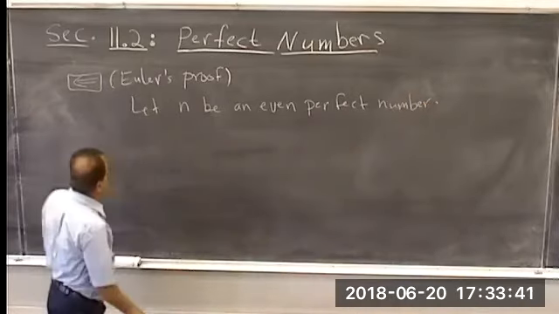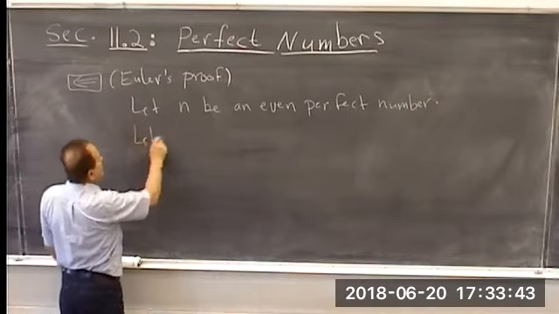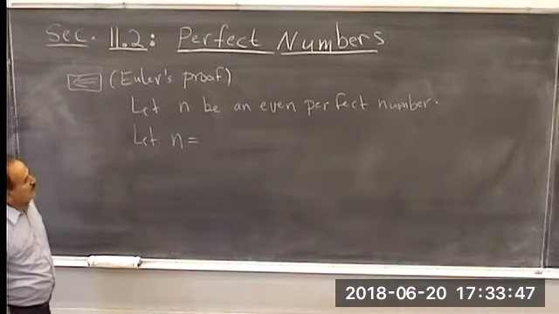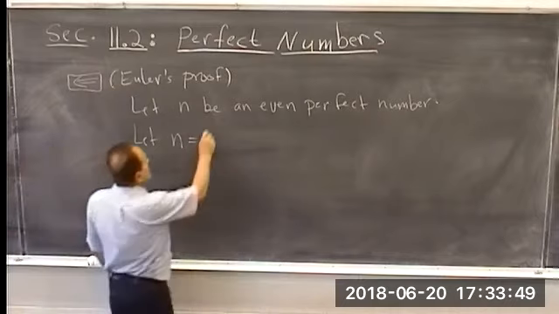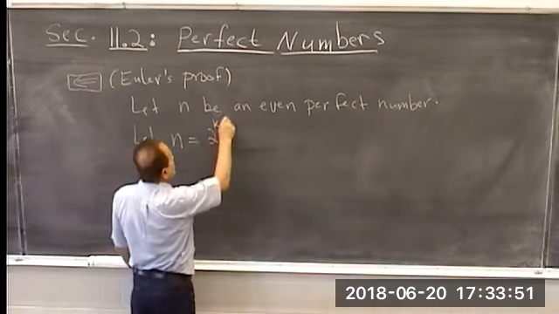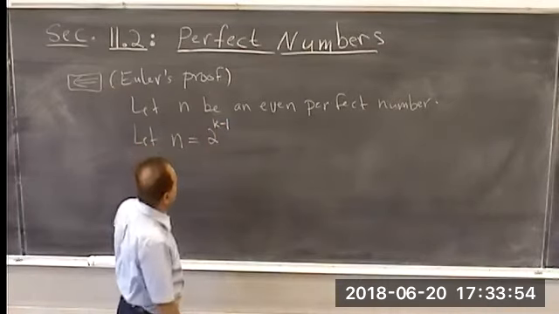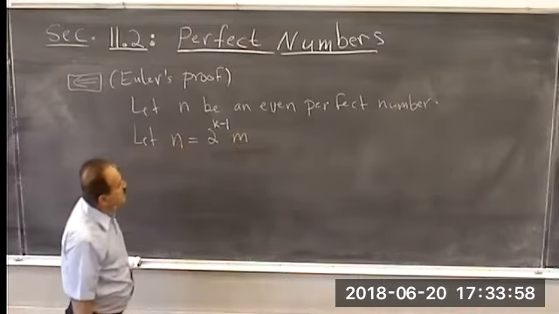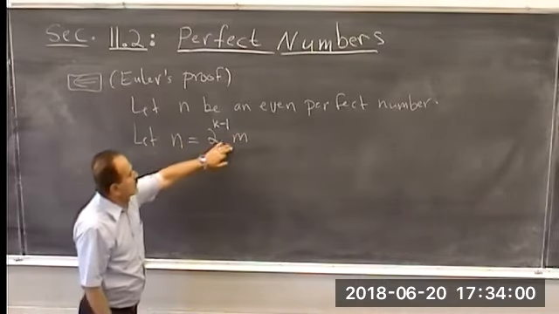We're going to represent n, since it is even, it must have the prime 2 to the k minus 1. I'm going to write it this way, multiplied by m. All right? Now, we can find out the form of m.